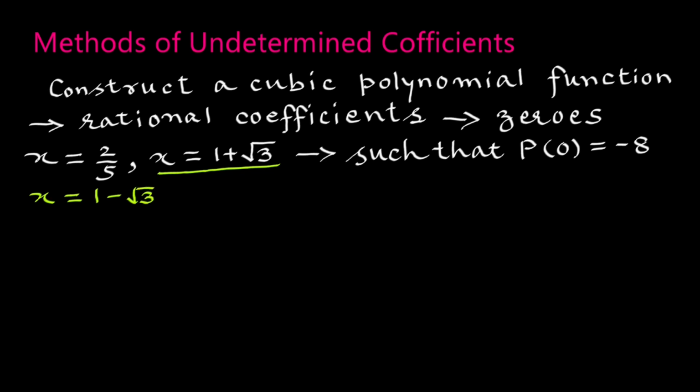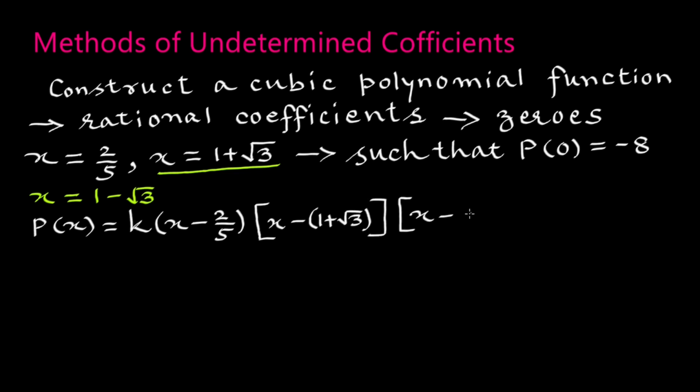Now that we have three zeros, we write the cubic polynomial p(x) as some constant k into the first factor (x minus 2 upon 5) into (x minus 1 plus root 3) into (x minus 1 minus root 3).